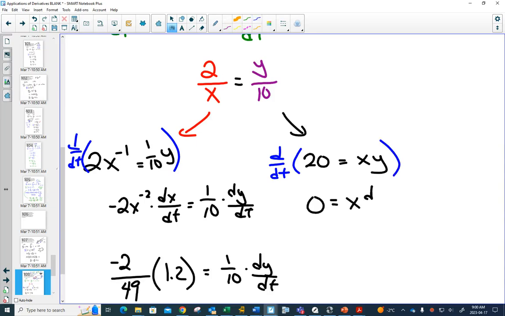Keep the first the same, derivative of the second one, plus keep the second one the same, derivative of the first one. And notice the difference. In the second one, we need to know y. In the first one, we didn't have to know what the value of y is. We just had to put in the value of x.